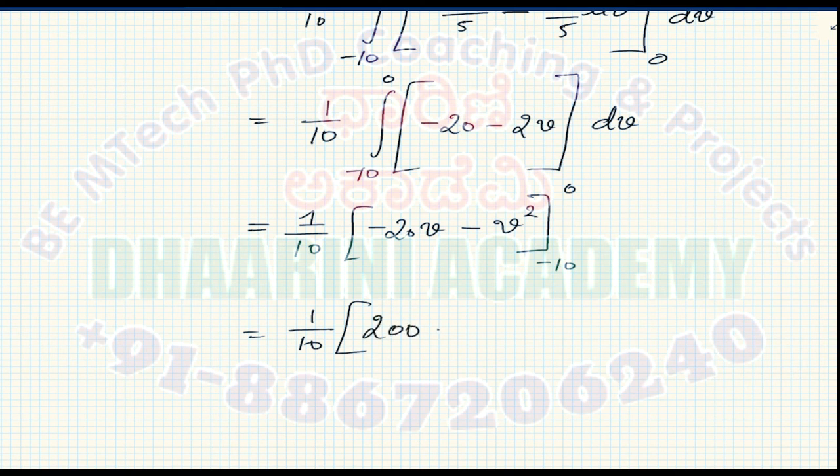Then I have minus, put 0, doesn't come, and minus 10 square is 100, so there is a minus outside, so you get minus 100. So this is 200 minus 100 is 100. 100 by 10 is 10, which is the required area.